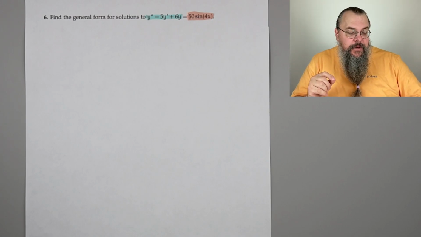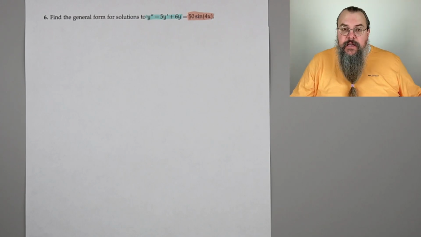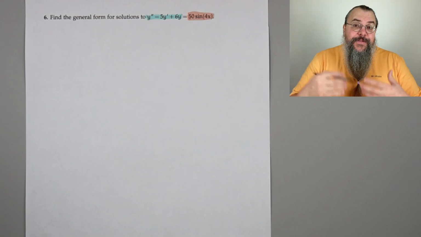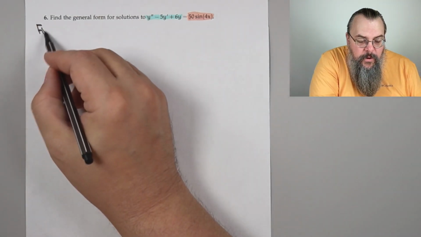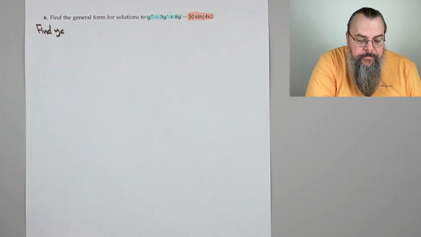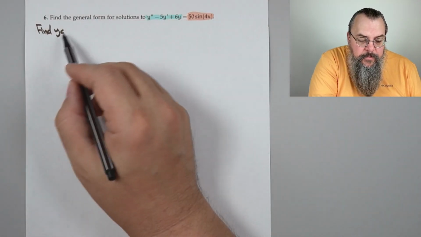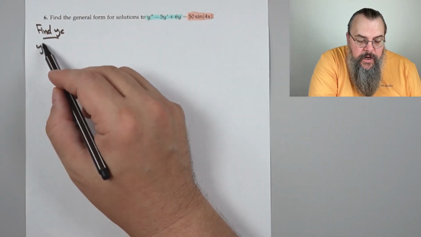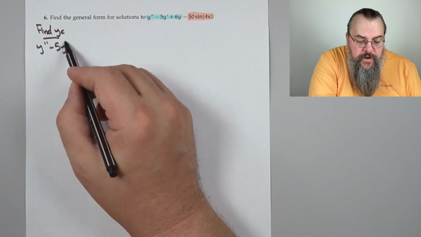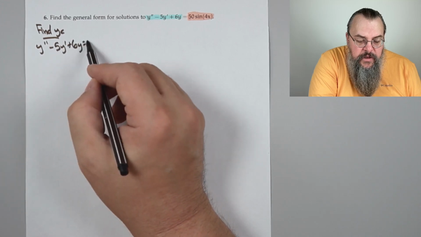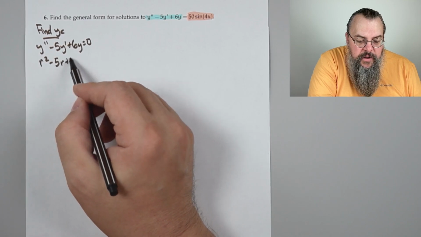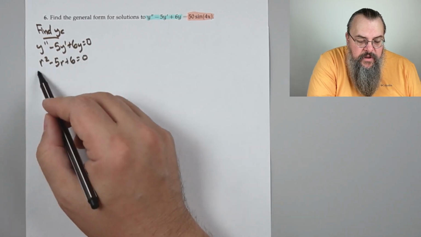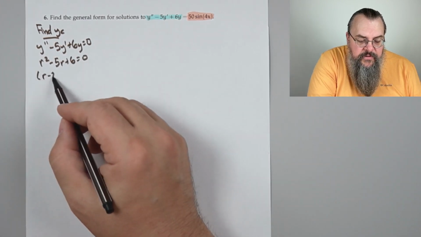Well, we start like we always start a problem like this, namely, we want to solve the homogeneous part. So, we're going to find our yc. We do that by setting y double prime minus 5y prime plus 6y equals 0. Turn it into a polynomial problem. They gave us something which factors.